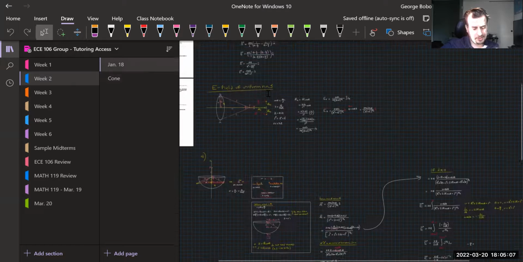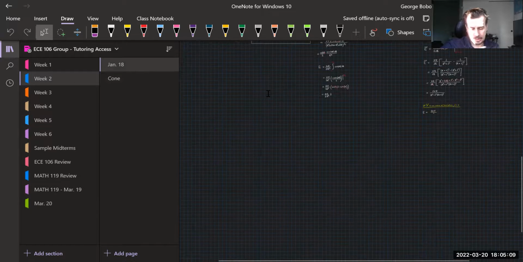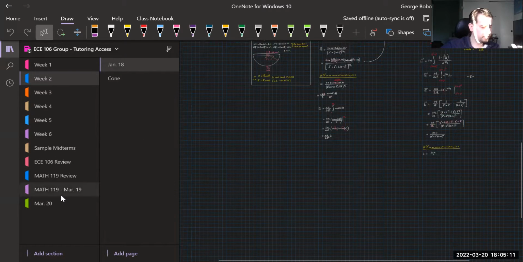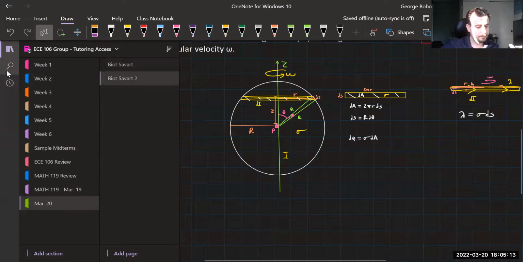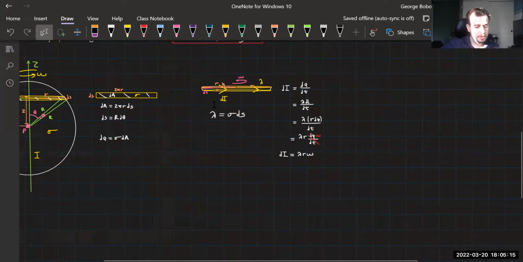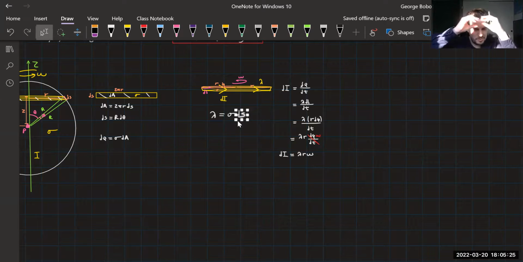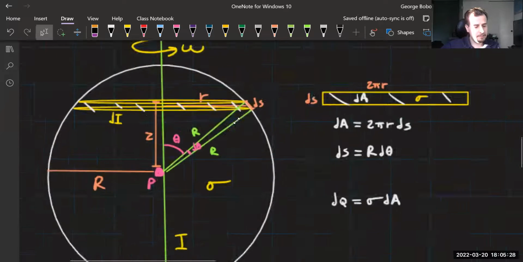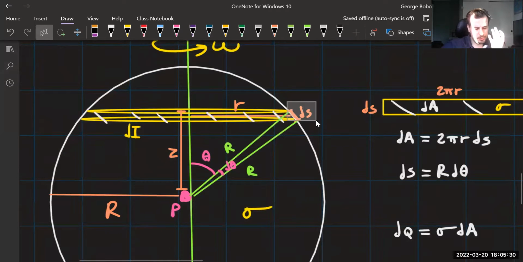I know that I've done this somewhere over here. You can search it up to prove. It's very simple to prove that this is true. So we can use the connection between these two, so that lambda is sigma times the stretch, the smear amount. That's how much I've smeared this.